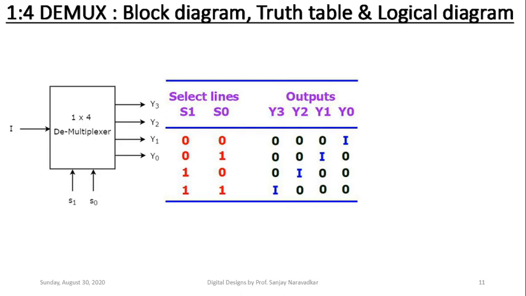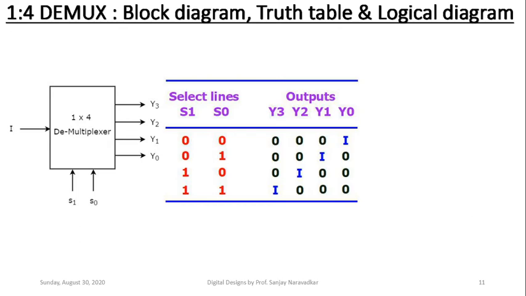And the remaining outputs Y1, Y2 and Y3 will all be 0 that time. So first entry in this truth table, whenever select lines are 0, 0, only Y0 will be input I and the rest all will be 0.